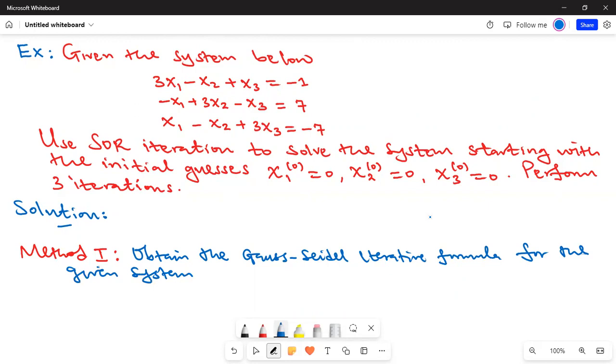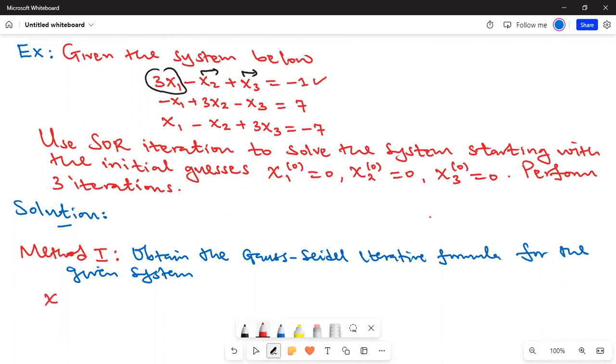So what happens is that in equation 1, you make x1 the subject. Of course, you'll divide by 3. So I'll take this to the right, also this to the right.